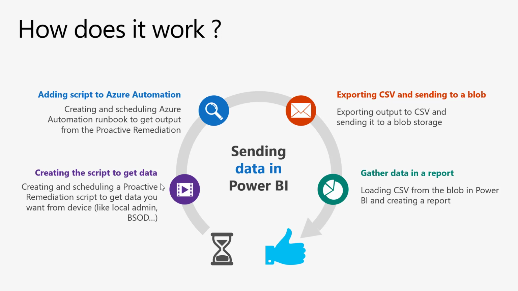We will use Graph and Azure Automation to export the output to a CSV and upload the CSV to a blob storage. The last step is to use Power BI to load the CSV directly from the blob storage, and we will be able to create a report from the CSV.